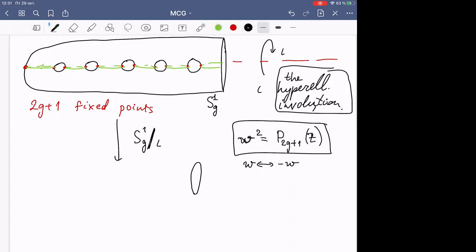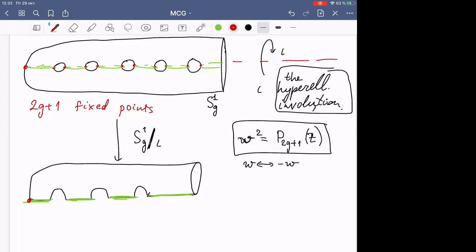And what we get topologically looks like, okay, I will draw fewer handles, I'm sorry, I don't want to draw as many handles as above. So these are images of that green circles.